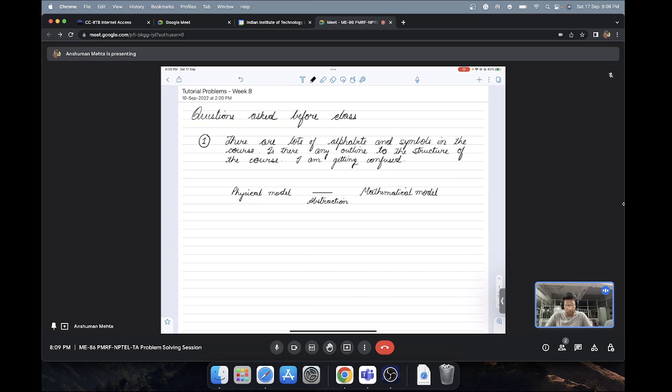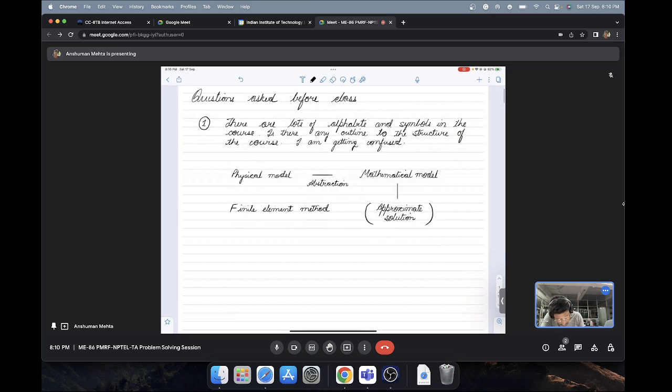we come to this finite element method, and here is the role of finite element method. So this model has an approximate solution, and that is found using finite element method.